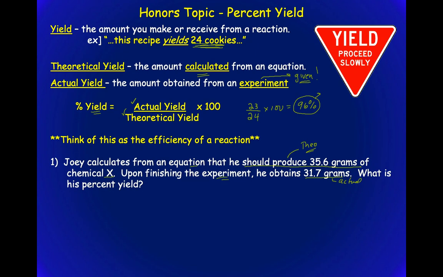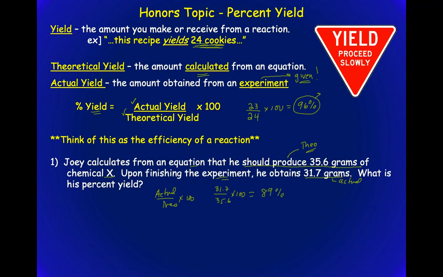So I simply take my actual over my theoretical times 100. It's always helpful to write the equation. So I take my actual, 31.7, over 35.6 times 100, and I end up with about 89%.